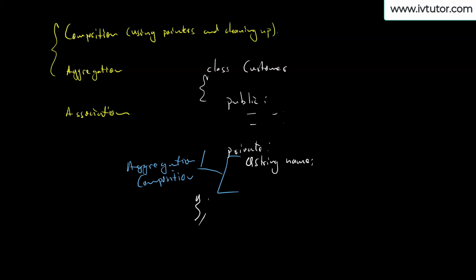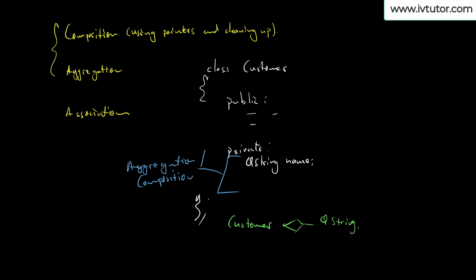If it's a pointer that you delete afterwards, then it's composition. That's what makes it aggregation or composition, right? That's all. So if I'm going to draw a diagram for this, then I'm simply going to say customer has an instance of type QString. Or stores an instance of type QString.